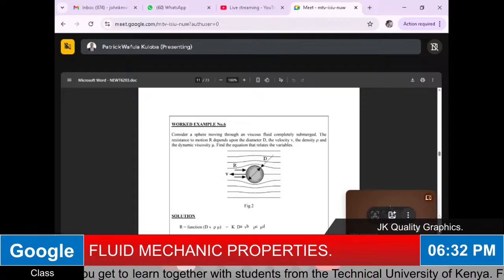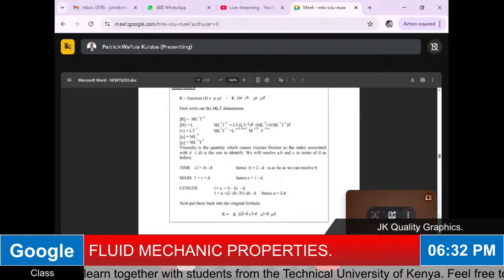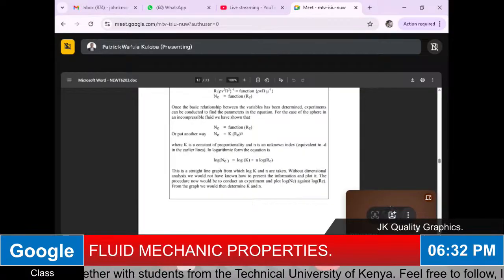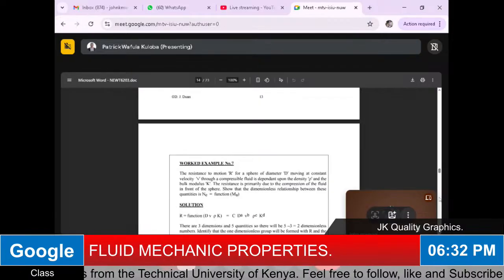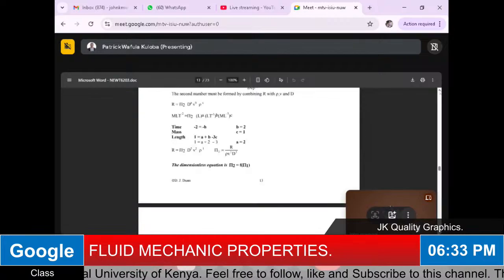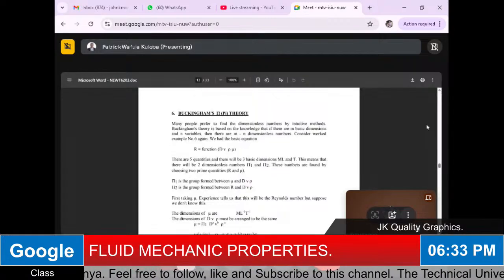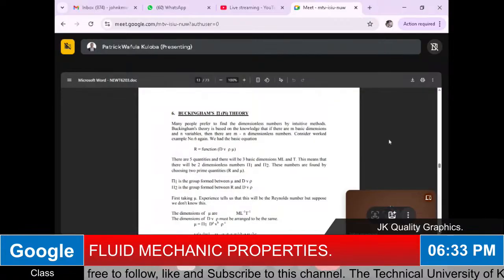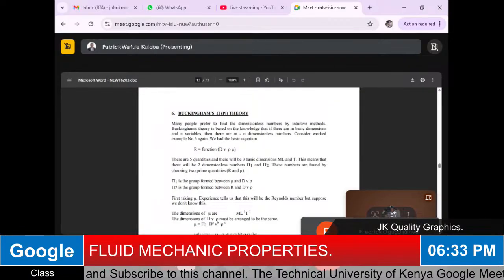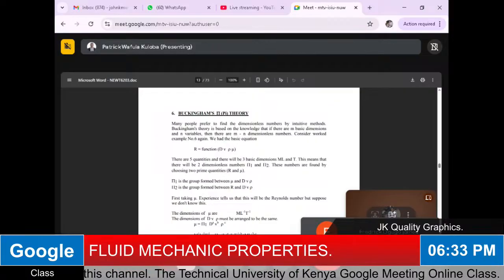Buckingham's pi theorem is another method of finding dimensionless numbers. So how is it done? Another subheading, the Buckingham pi theorem.